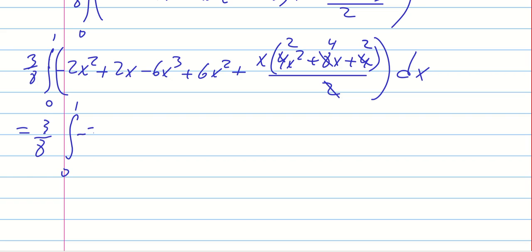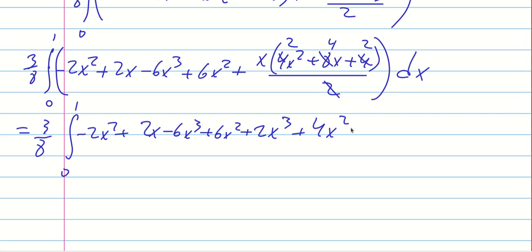Alright, so we have -2x² + 2x - 6x³ + 6x² plus 2x³ over 2, which is x³. 4x² over 2, well, I already divided by 2, so it's 2x³ + 4x² + 2x dx.